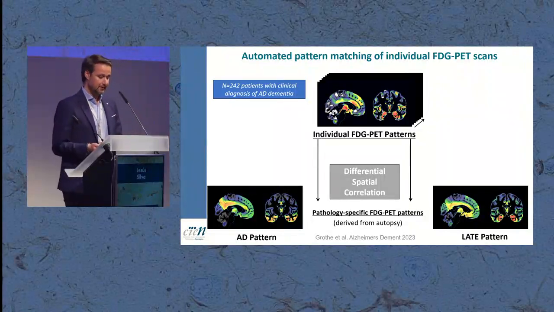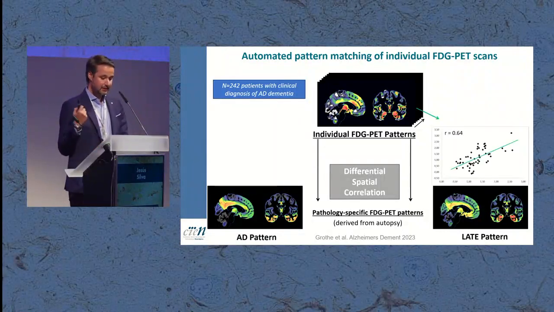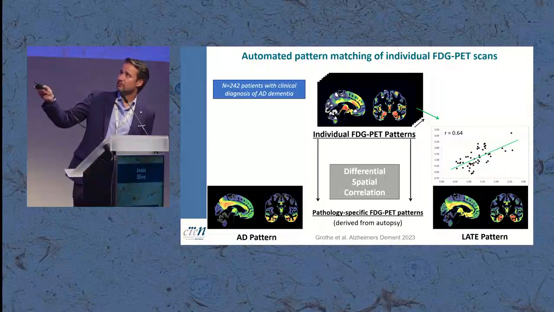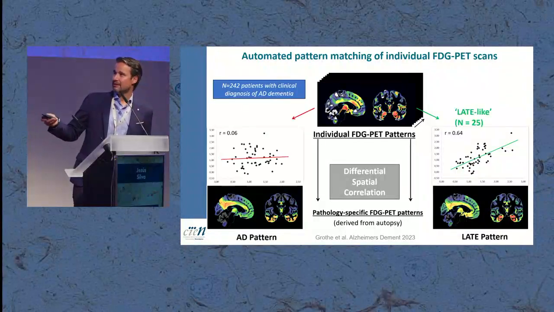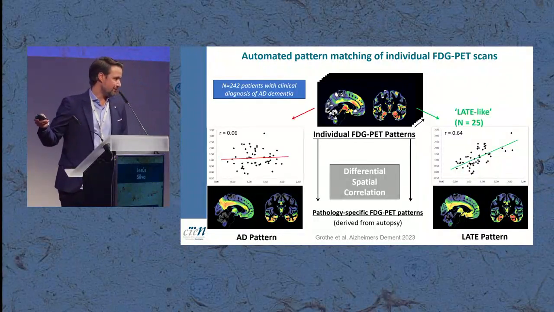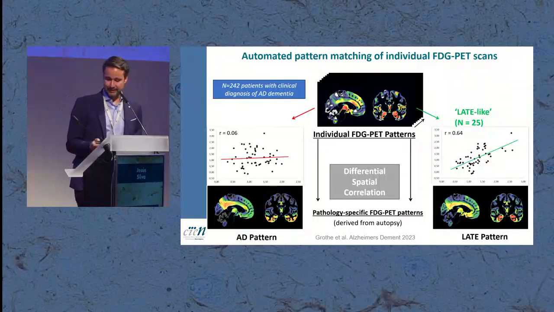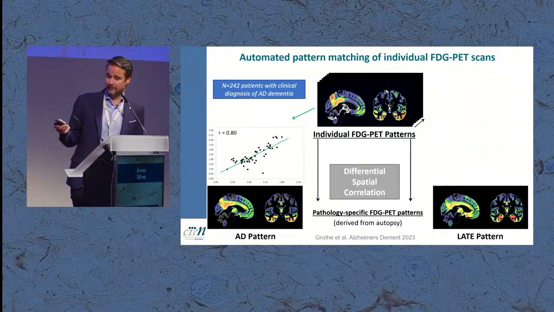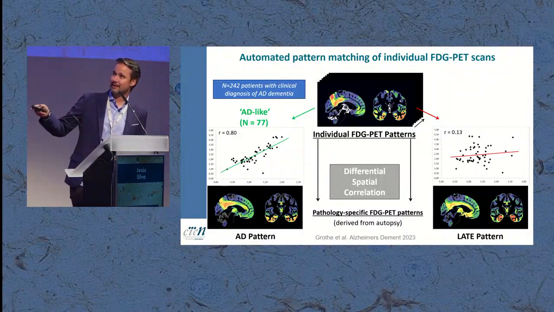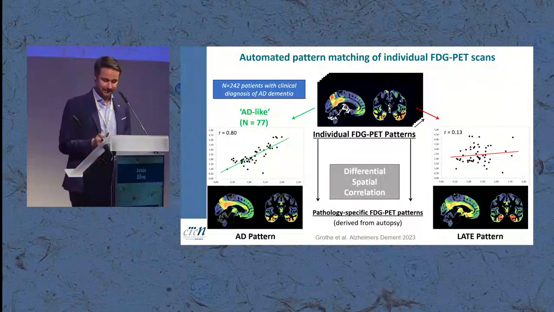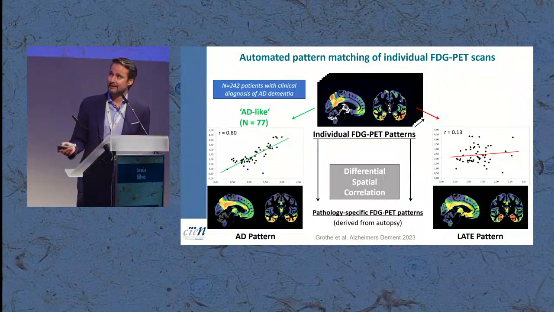So we developed a differential spatial correlation algorithm: if the pattern in the patient was very similar to the LATE pattern that we derived from autopsy, but very different to the AD pattern, we classify the patient as LATE-like. If the opposite situation happens, so it's very similar to the AD pattern, but very different from the LATE pattern, it will be classified as AD-like.